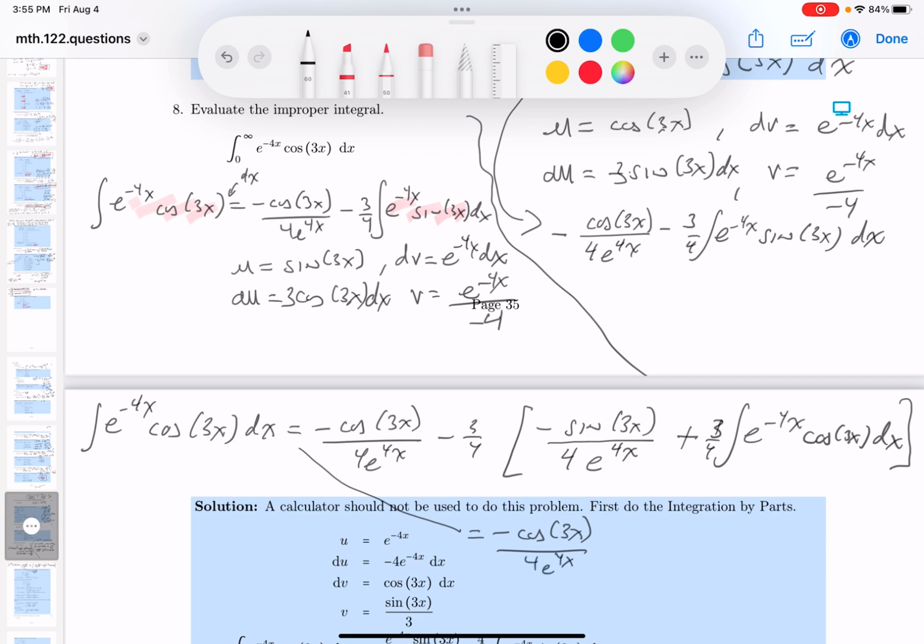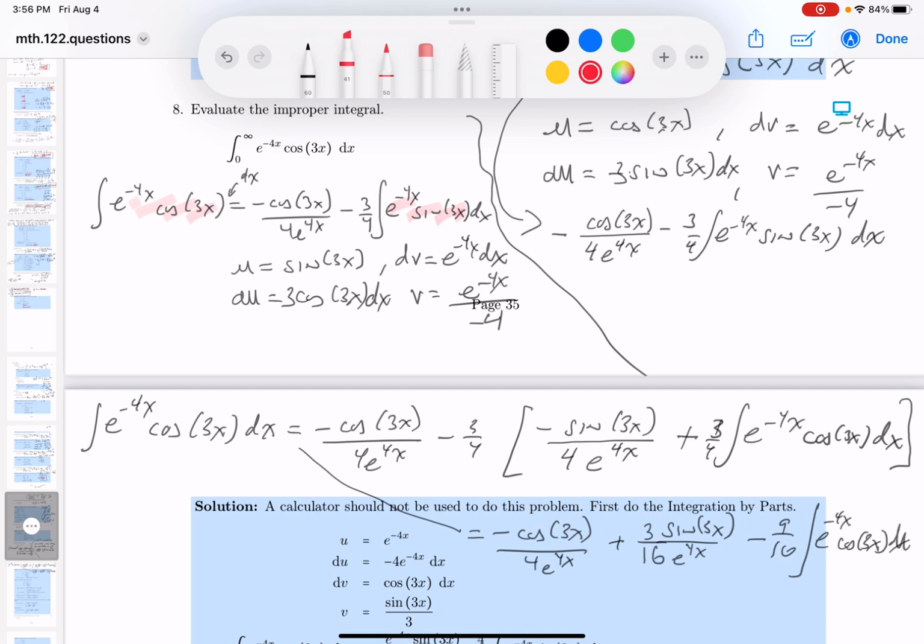This is going to be plus 3/16 e to the 4x, and then you get sine 3x here. Then you get minus 9/16 e to the minus 4x cosine 3x dx. All right?